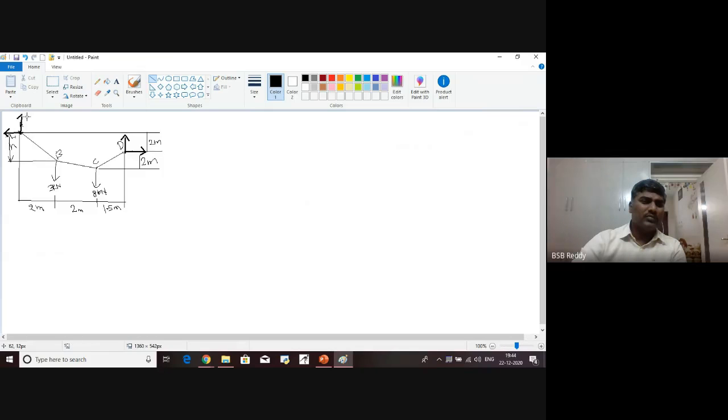The reactions at A are VA, HA, and at D, VD, HD. So apply sigma Fx equals 0. That is the first thing to do. What do you see?